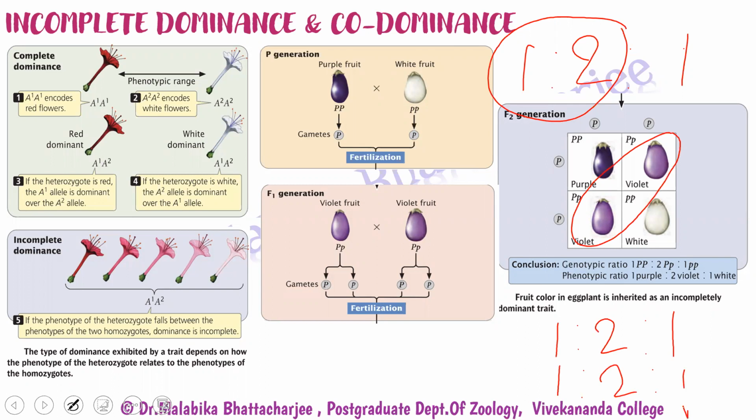So from outside, we can distinguish the dominant homozygotes from the heterozygotes, and hence we are getting a phenotypic ratio of 1:2:1. Similarly, genotypically, obviously they are different. It is 1 dominant homozygote, 2 heterozygotes, and 1 recessive homozygote. So in the case of incomplete dominance, we observe the phenomenon where the phenotypic ratio becomes equal to the genotypic ratio.